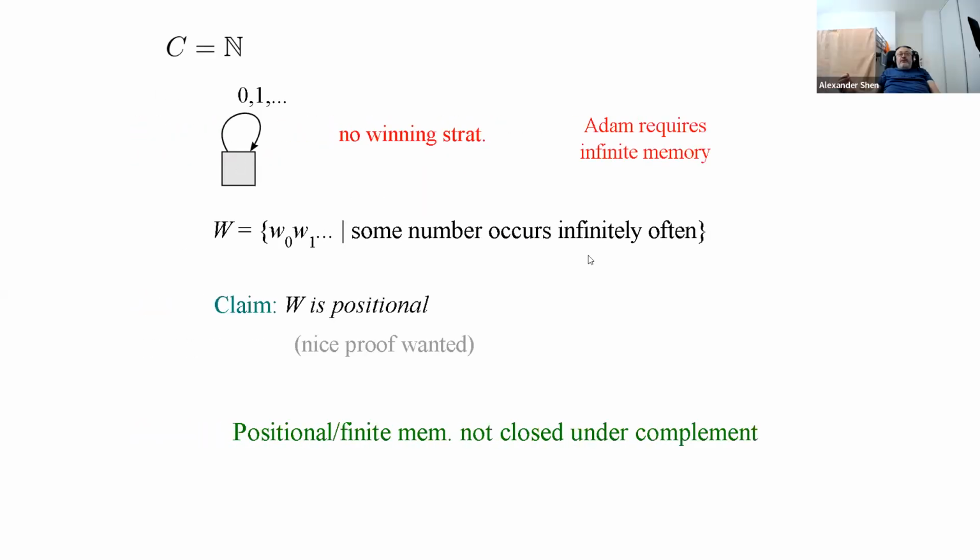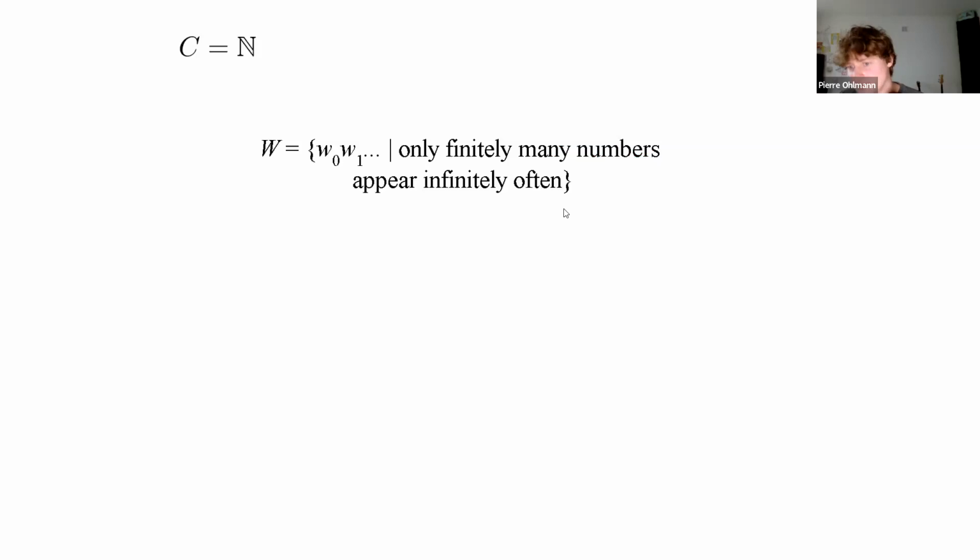So the previous one was that some number occurs. You could say the cardinality of inf is greater than 1. Yeah, but for Adam's side, inf is finite. From Adam's side, this is a part of it. Yes, that's probably what Sasha wants to say.